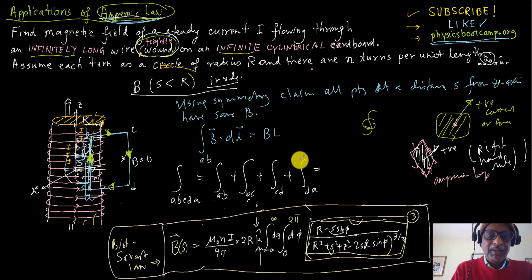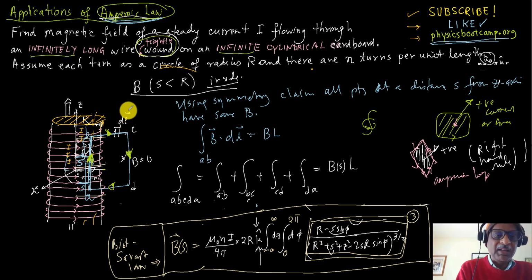So the part we just talked about is going to be B at that S times the length of this loop. Over here is going to be 0 because, just like the last time, DL is this way, but over here B is 0 from outside. So this part is going to give me 0.